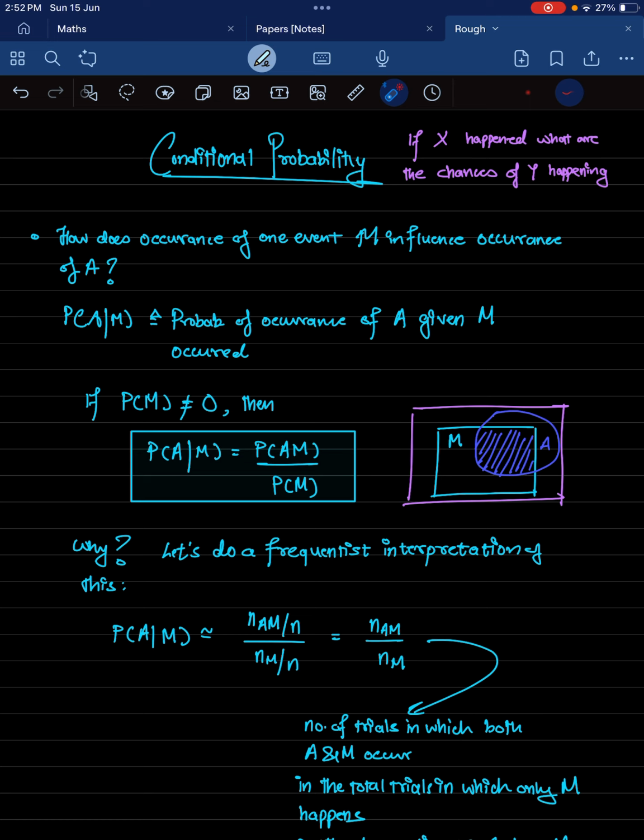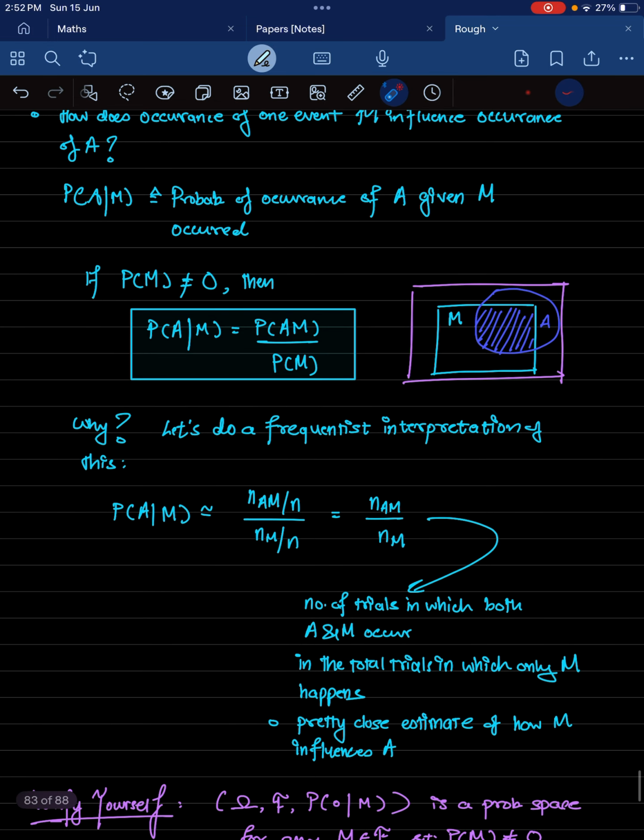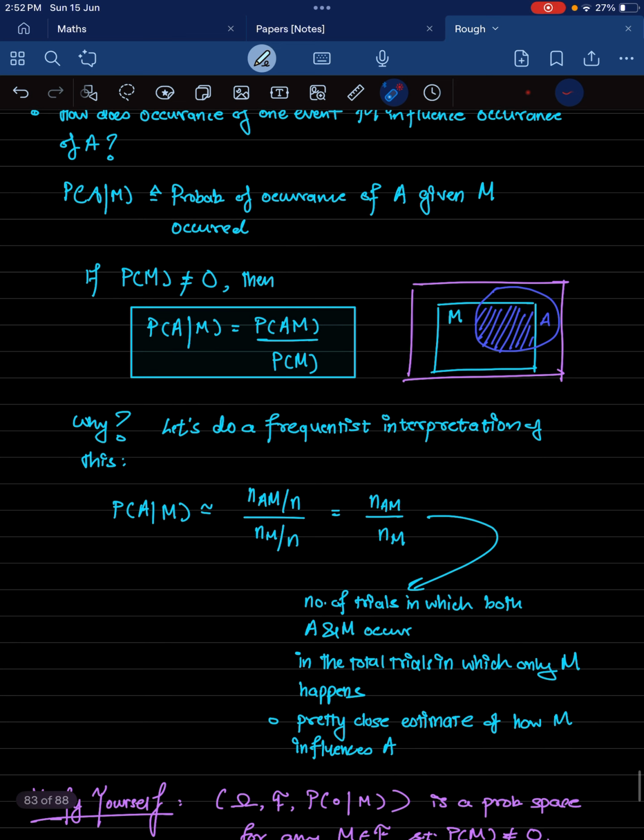Weird definition, I know, but let's look at this from a frequentist approach. So the probability of A given M according to this definition is N_AM over N upon N_M over N. So this is the probability of A intersection M and the probability of M. Okay, so cancelling these out, you get the number of trials where A and M occur together divided by the number of trials where only M occurs.